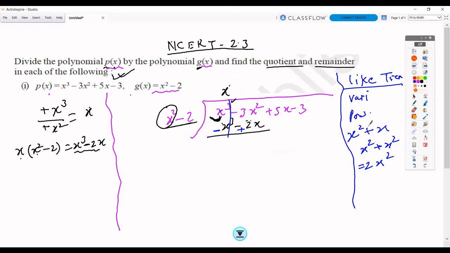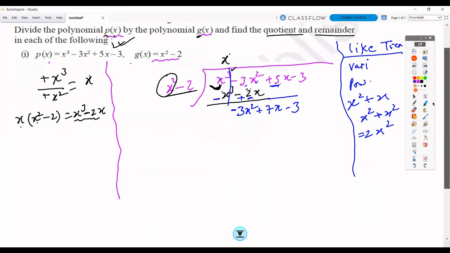Like terms can be added and subtracted. The rest of the terms cannot be added or subtracted. Got it? Now this 2x and 5x can be added, but 3x square cannot be added, so it will remain the same. So minus 3x square. Now here plus 5x plus 2x. 5 is plus, 2 is also plus, when we take both of them, it will become 7x. And this is minus 3, so minus 3.